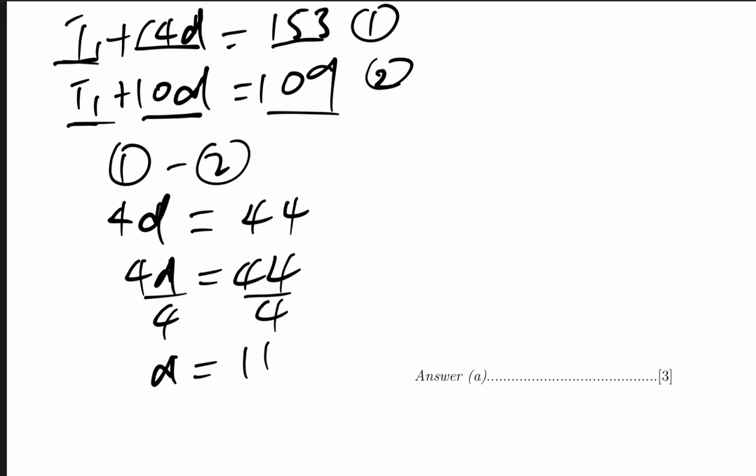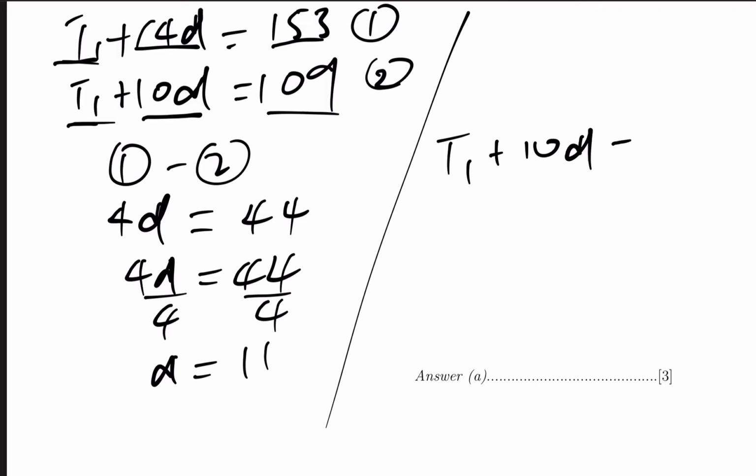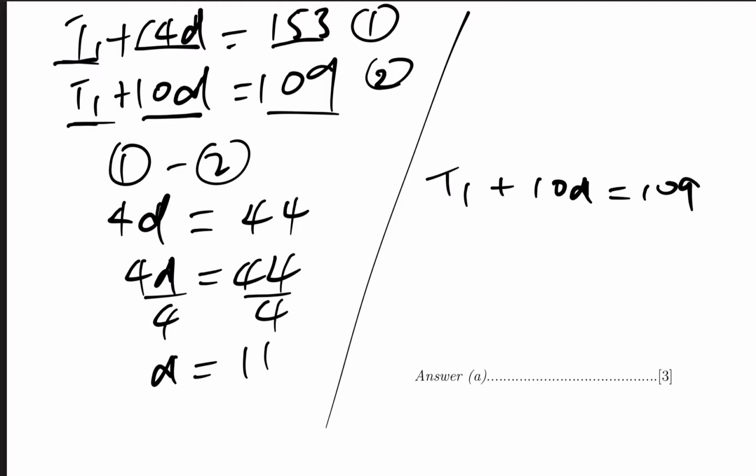And then now we're left with finding T1. So to find T1, we'll just use one of the equations here. We can use either of the two equations, but I've just chosen the second equation, this one: T1 plus 10d is equal to 109.